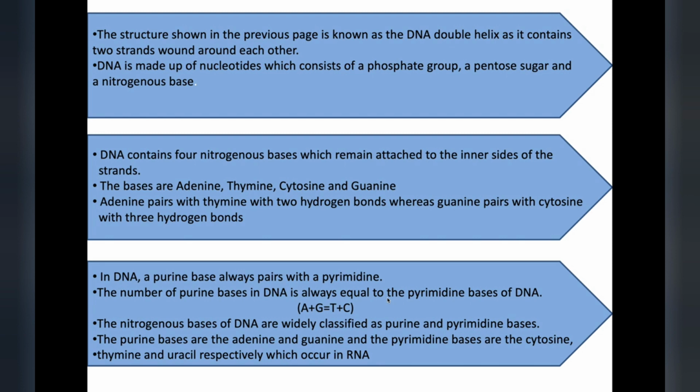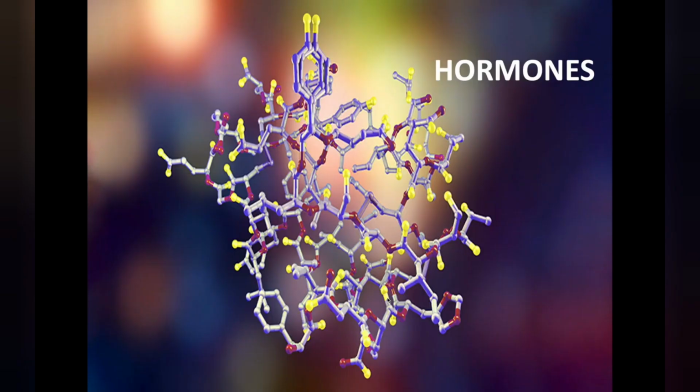The purine bases are adenine and guanine, and the pyrimidine bases are cytosine, thymine and uracil. Uracil is naturally seen in RNA. DNA doesn't have uracil; that point you have to remember. So hope this is clear. Thymine is there in both DNA and RNA, while uracil is seen only in RNA.